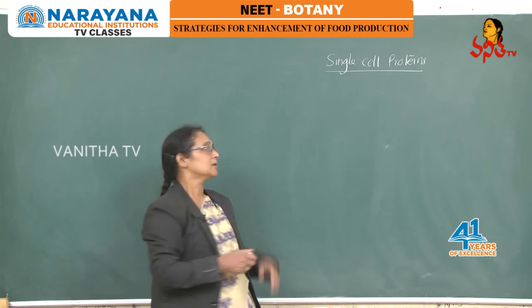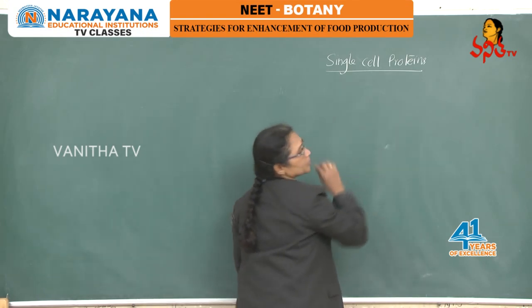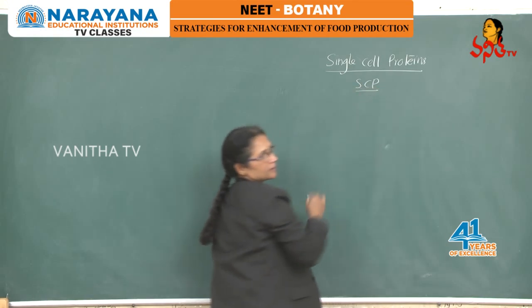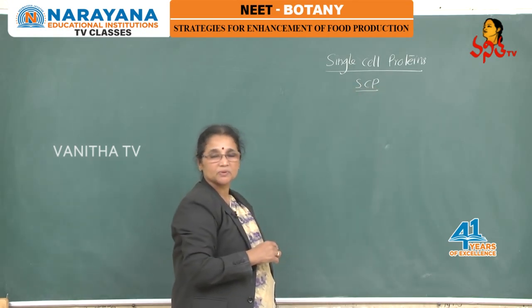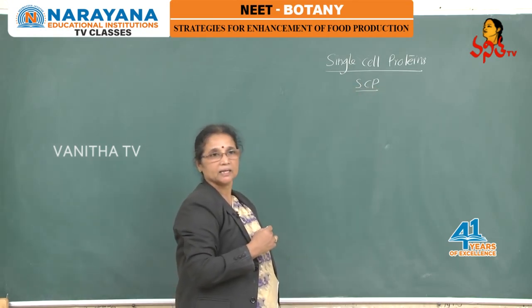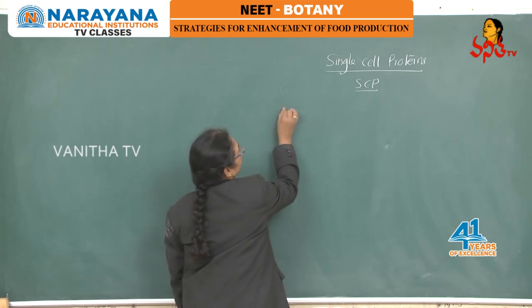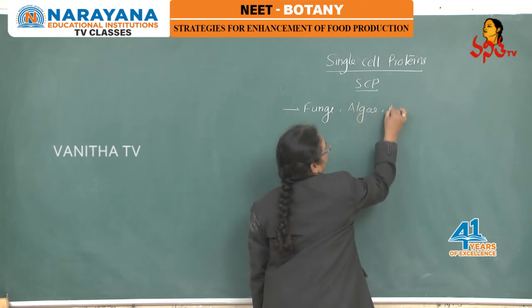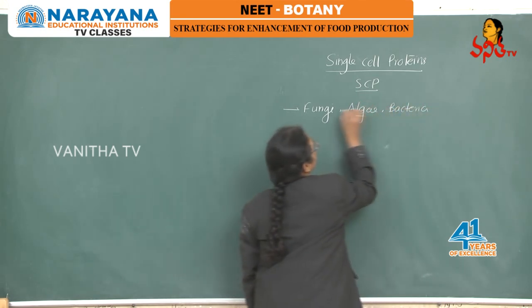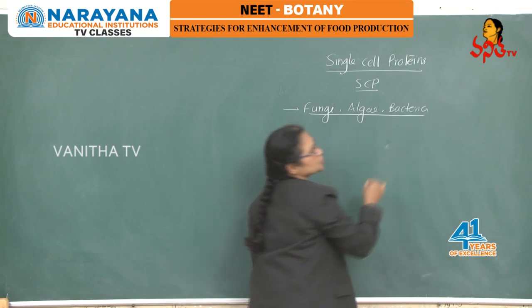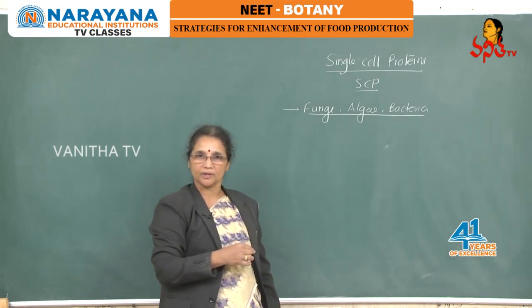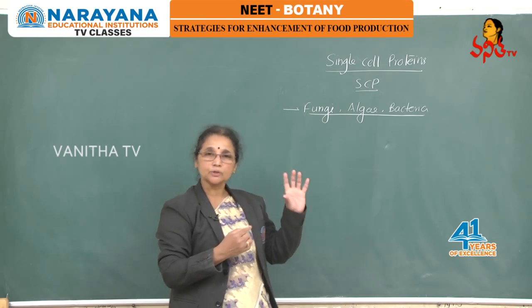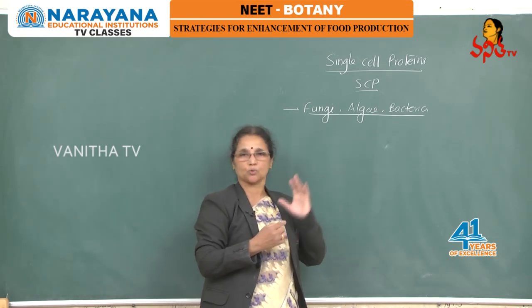That alternative method is single cell proteins, abbreviated as SCP. The organisms used for the production of SCP are fungi, algae and bacteria. All these organisms can be utilized to produce proteins in large quantities.